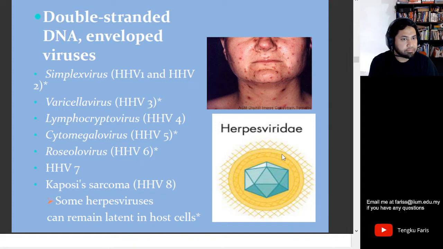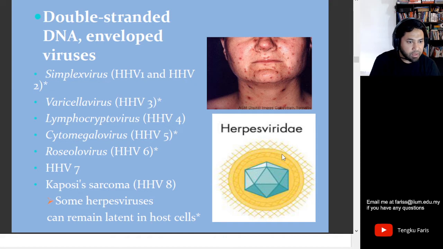Double-stranded DNA enveloped viruses include the simplex virus, HHV type 1 and HHV type 2. HHV stands for human herpesvirus. Varicella virus, also HHV type 3. Lymphocryptovirus, HHV type 4. Cytomegalovirus, HHV type 5. Roseolovirus, HHV type 6.